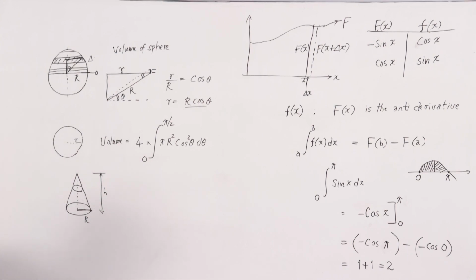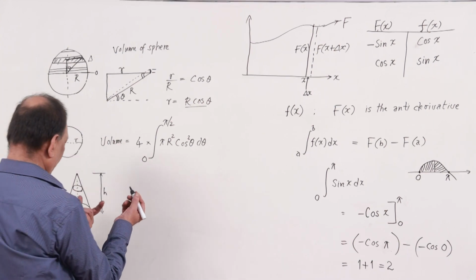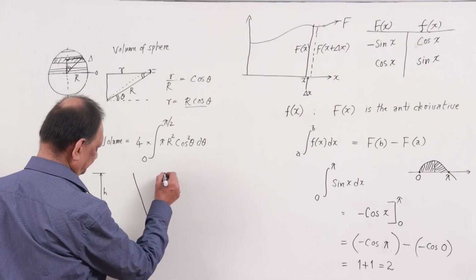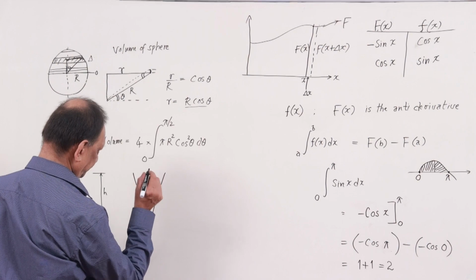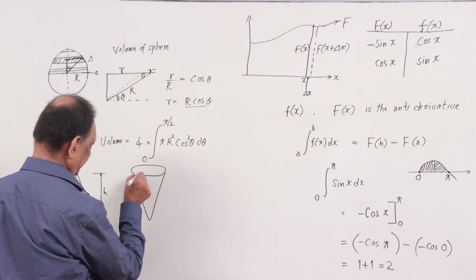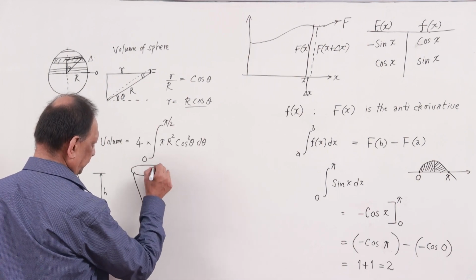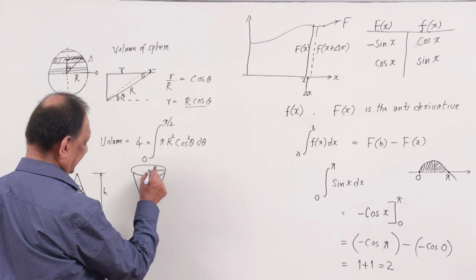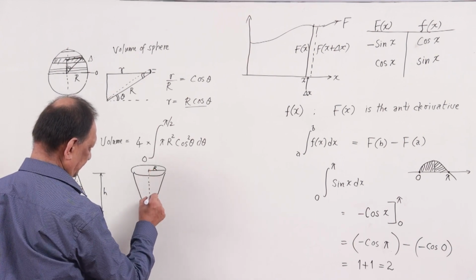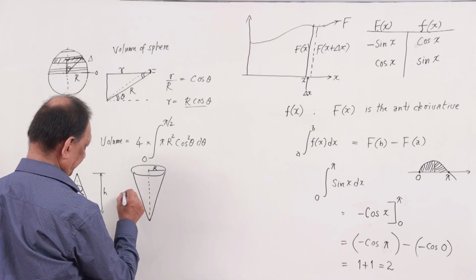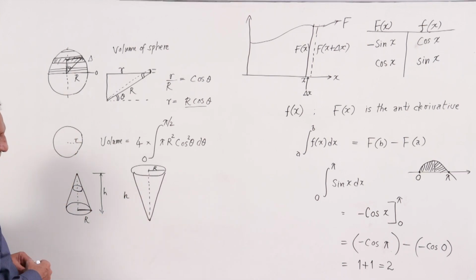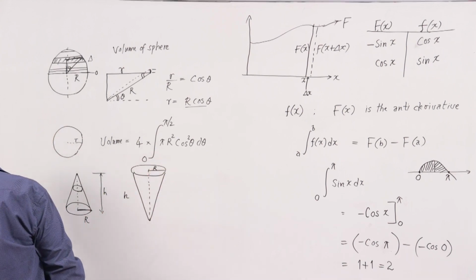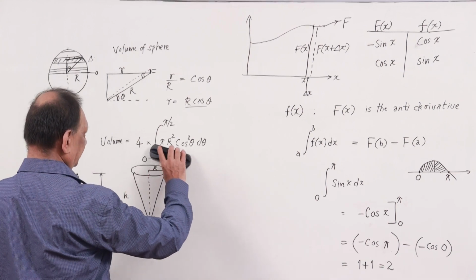You can write an inverted cone if you want. That might probably simplify the equation. So the top radius is capital R, and the height is h. A cone. This defines the cone, and we want to find the volume of the cone. Maybe we do that.